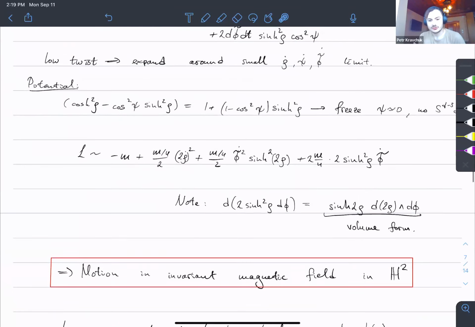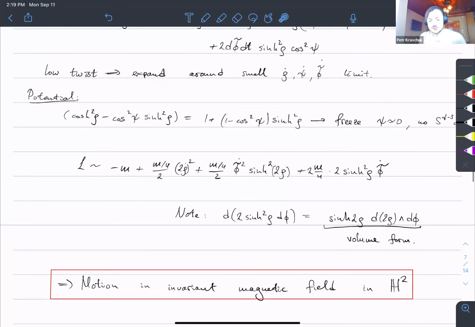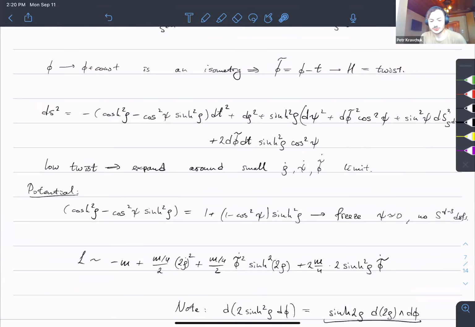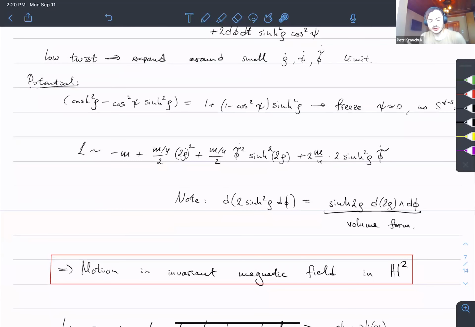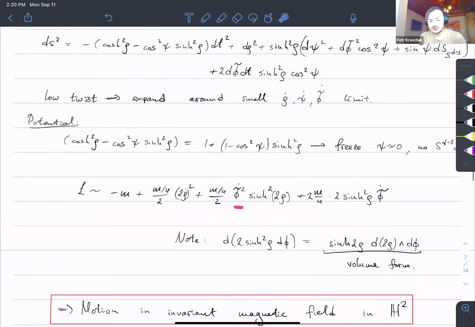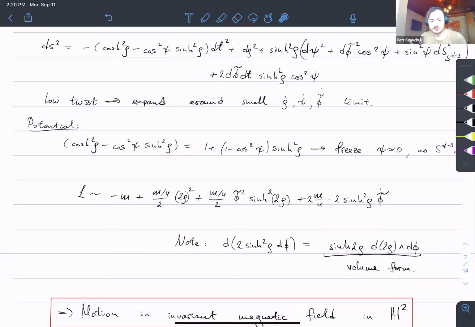So what I'm just saying is, the conclusion of this little section is that if you put a classical particle in AdS, and you try to understand classically the types of motion which have the lowest twist, so you have the lowest value of the Hamiltonian, which corresponds to this twist after I quantize, then these types of motions behave like they effectively happen in 2 dimensions, parameterized by rho and phi tilde, because this psi variable is frozen at 0 by this discussion.